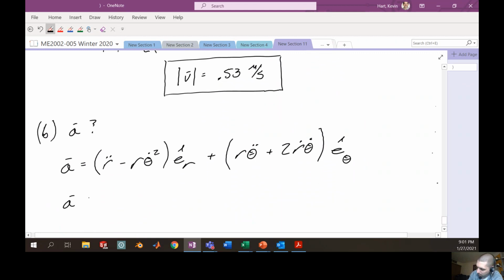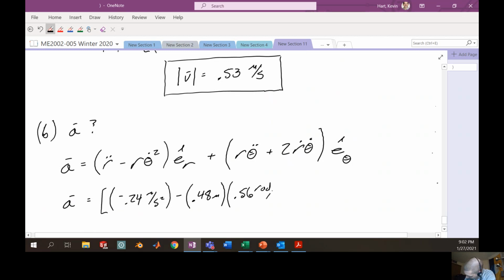All right. Time to enter our values. r double dot is negative 0.24 meters per second squared, minus r theta dot squared. The position at this time is 0.48 meters, times my angular velocity at this particular moment, which is 0.56 radians per second, all squared.